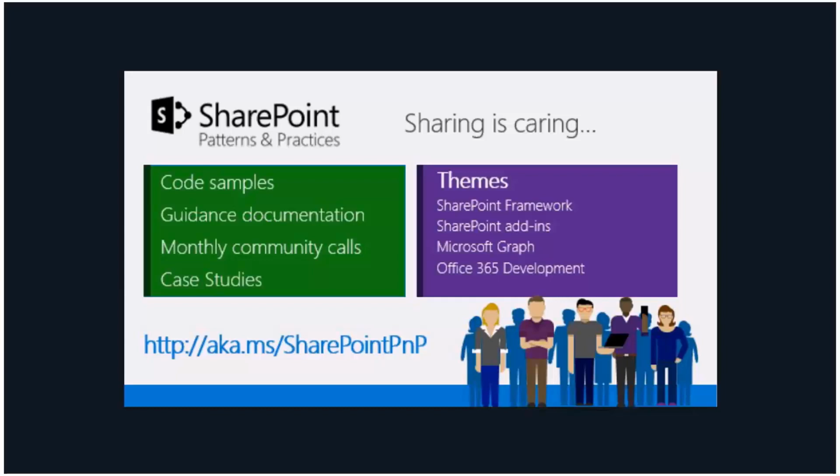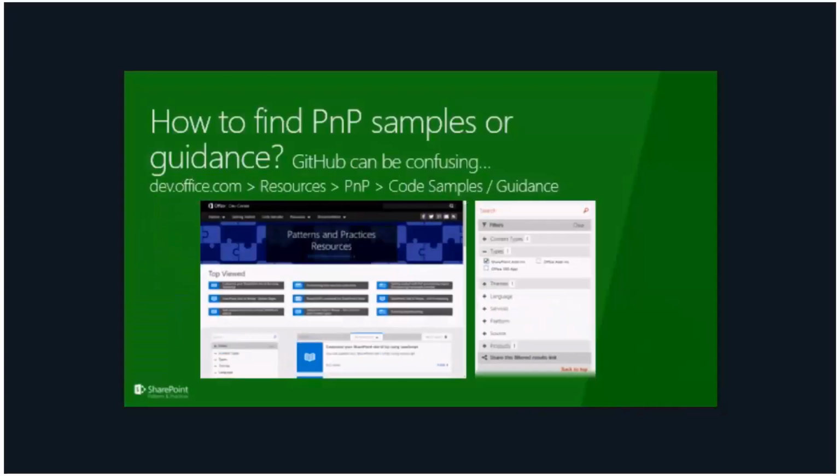Moving on to today's agenda, a small reminder, because this is a classic question we get all the time: how would I know what's out there? The easiest way to find all of our existing samples and guidance is to use the search tool, which is available at dev.office.com. If you go to dev.office.com and from the menu select Resources and PnP, Patterns and Practices, you'll find the code samples and guidance link, and there we have a search tool.